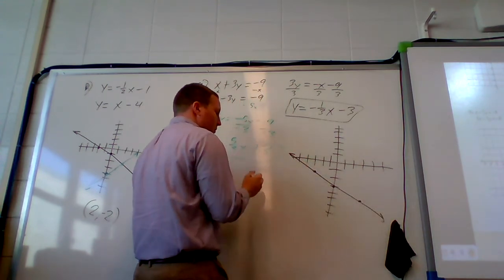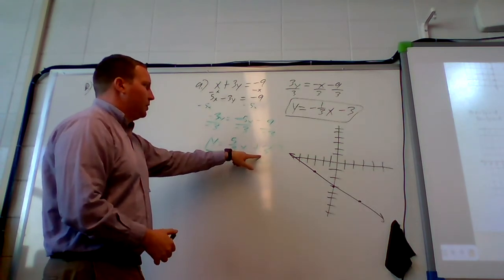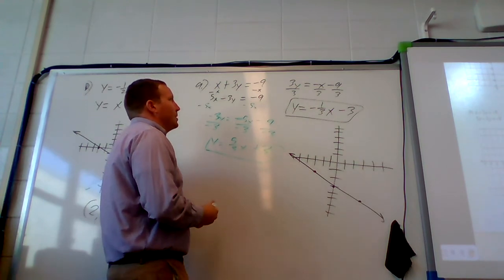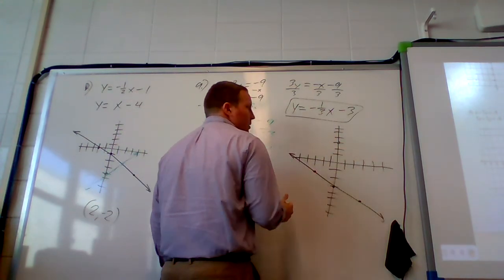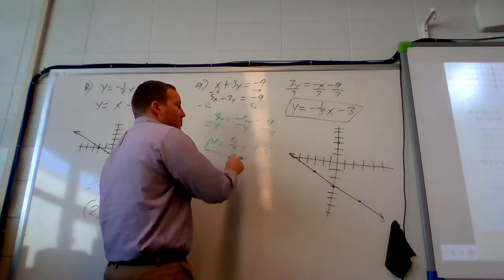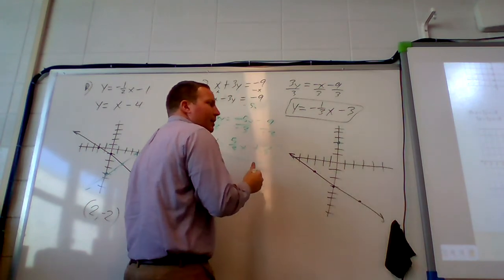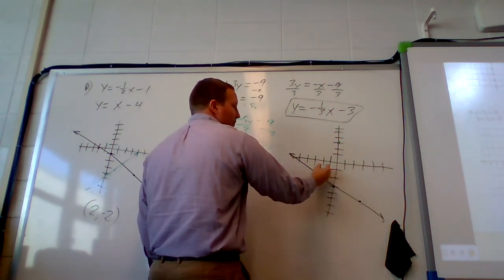Our second equation is 5/3 x plus 3. So we're at positive 3. If I go up 5 and to the right 3, I'm off my graph. I can't do that. But I can go down 5 and to the left 3.